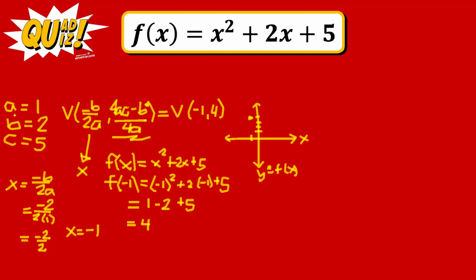If our A coefficient is positive, in this case positive 1, we are 100% sure that our graph should open upward. It will open downward if our A coefficient is negative. In this case, it should open upward because our A is positive 1. As you can see, our graph changed direction at this point, and then it goes up again.